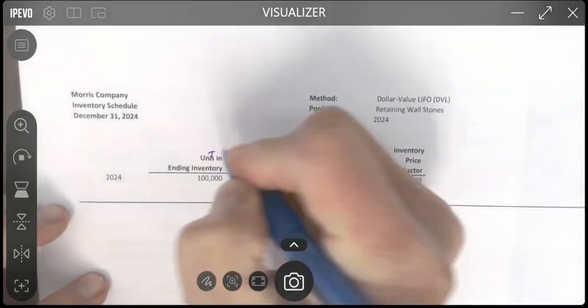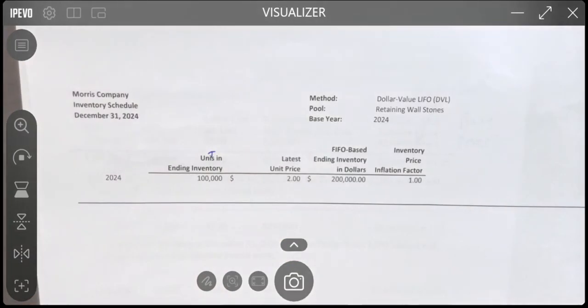Shucks, excuse my typo there. Units in ending inventory, 100,000 at the latest price of $2 per stone, is a FIFO-based ending inventory balance of $200,000. And the inventory price inflation factor is 1. All right, and we're now off and rolling. That was inventory for 2024.